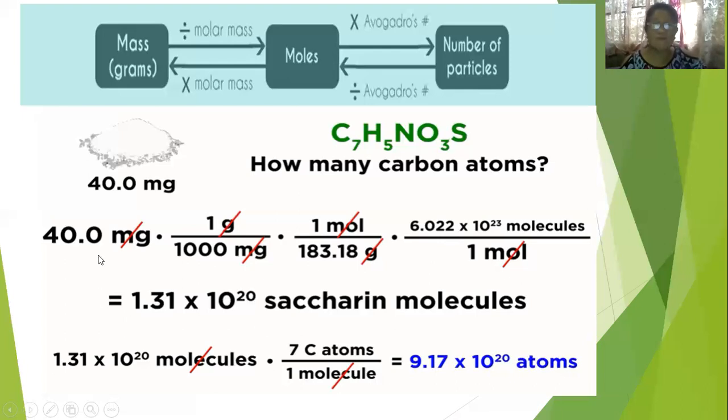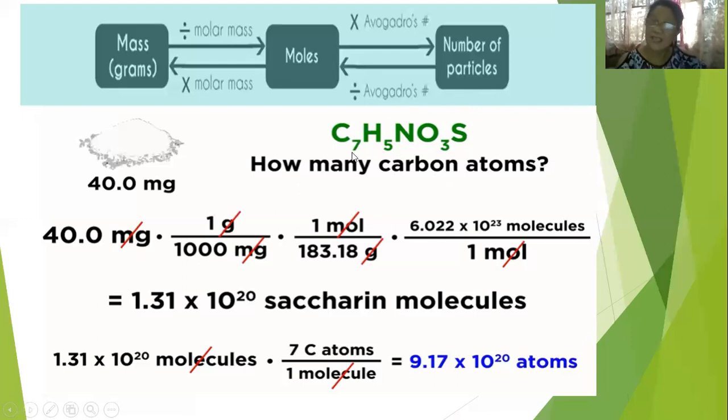How? That is 40 divided by 1,000 divided by 183.18 before you multiply it with 6.022 exponent 23. Do not have that times, but exponent 23. You will come up with a value of 1.31 exponent 20. But that is for a compound of saccharin. What is needed is carbon atoms.